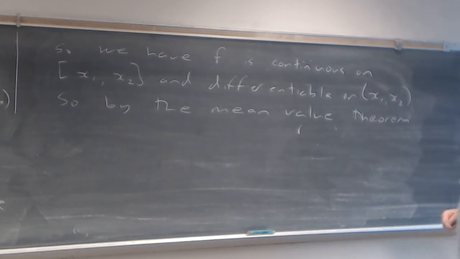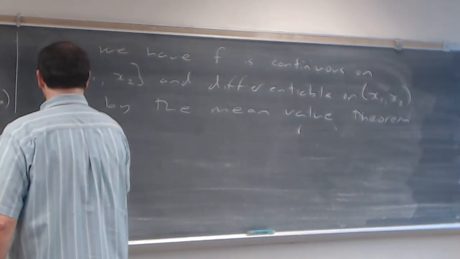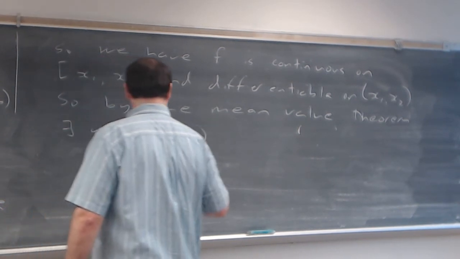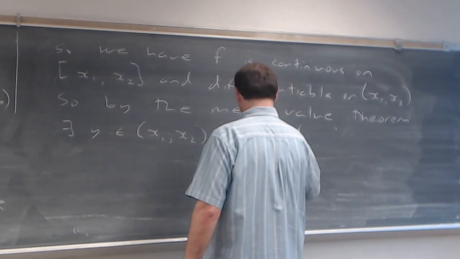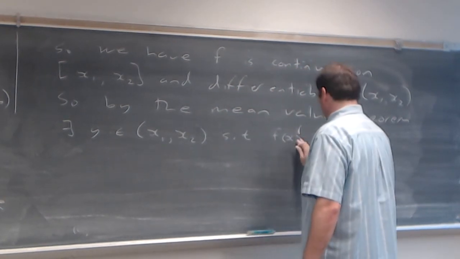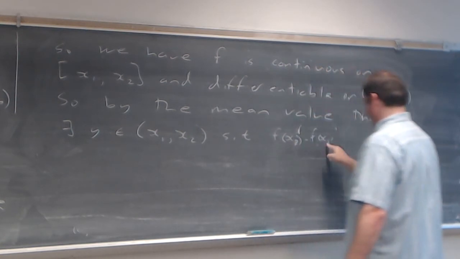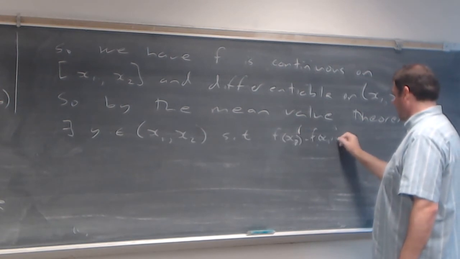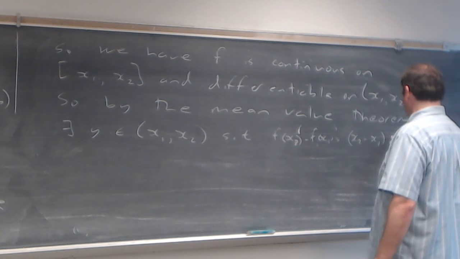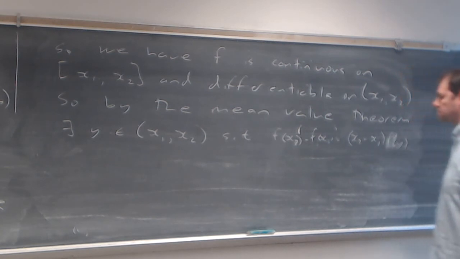So by the mean value theorem, there exists a y element from x of 1 to x of 2, open interval, such that f of x of 2 minus f of x of 1, so that's the role of b and a here, will be equal to x of 2 minus x of 1 times f prime of y.